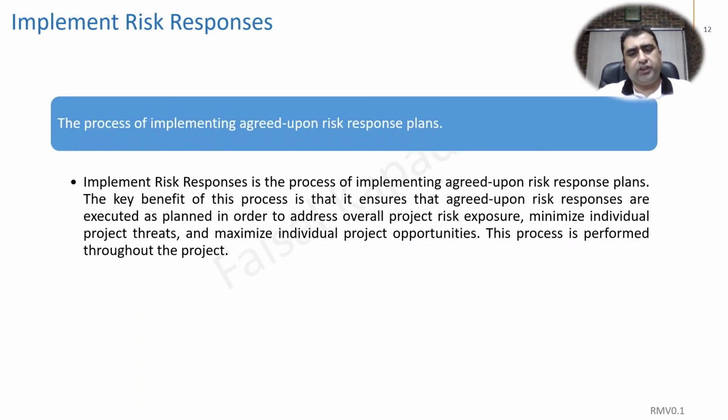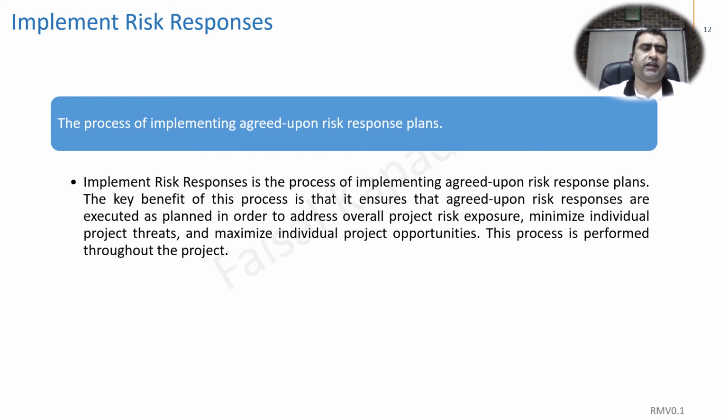Once we plan the risk responses, this component is about implementing those risk responses. The responses we have seen in the earlier slide include escalation, avoidance, transference, mitigation, and acceptance. If we have planned for a particular risk, in this part of the process we implement those plans.